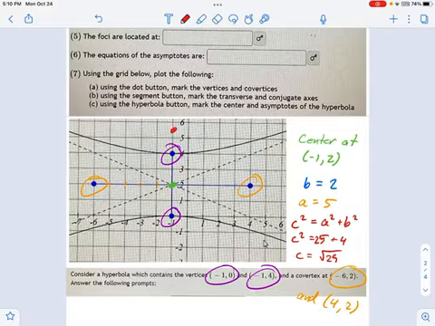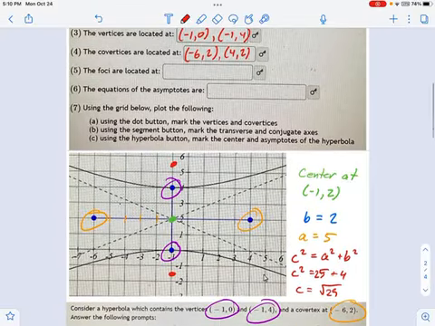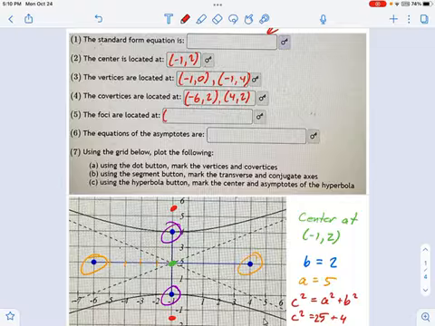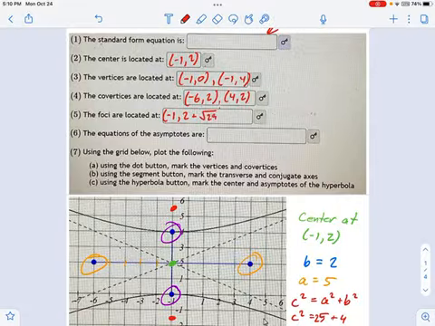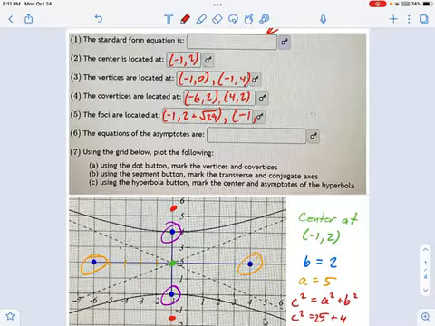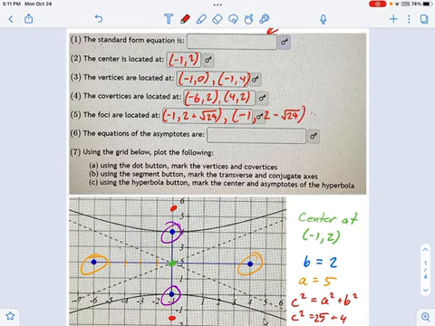So the center is -1 in x, and it's going to be 2 plus radical 29. That's one of them. And the other one is at -1, same x location, and this time it's 2 minus radical 29.